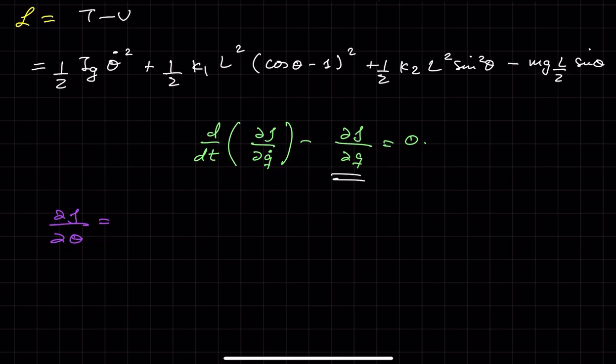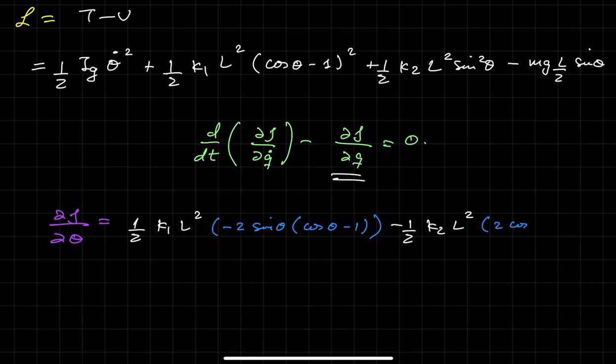So I can take 1/2 k1 L square, and what is the derivative of that? Well, it is minus 2 sine of theta times, okay, and then the next one is k2 L square, and that is 2 cosine of theta sine of theta, and finally I have minus mg and a half and cosine of theta.